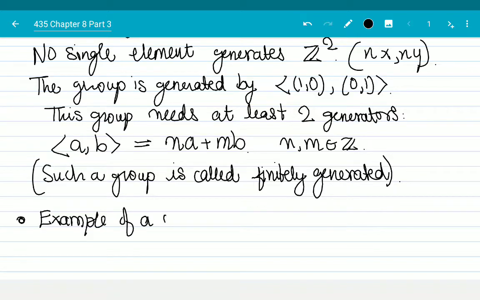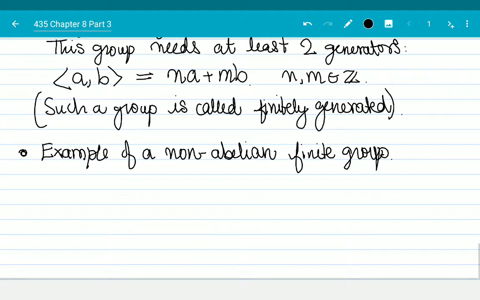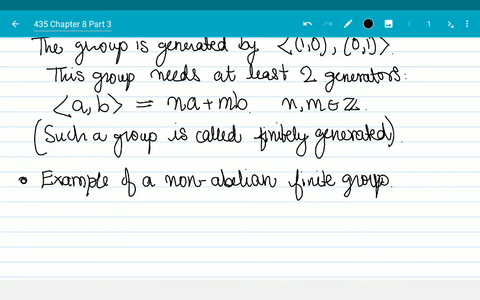of a non-abelian group. The finite group. Okay. I've already said that a group which is generated by just one element is always going to be abelian, right? It's going to be cyclic, and cyclic groups are all abelian.